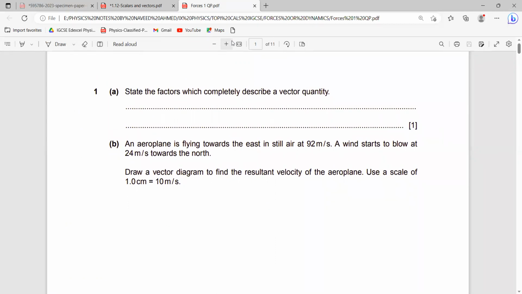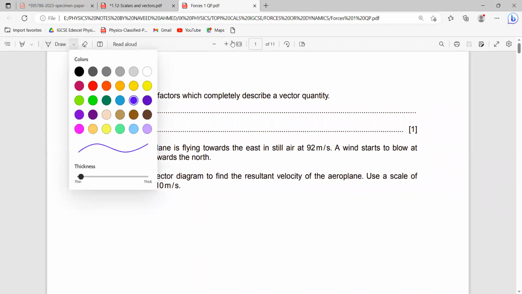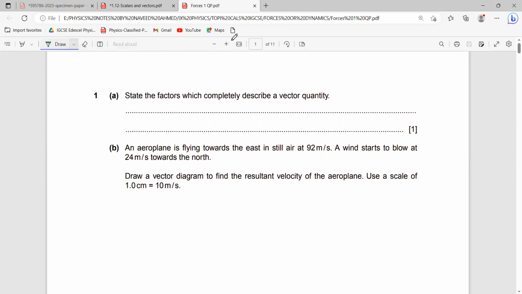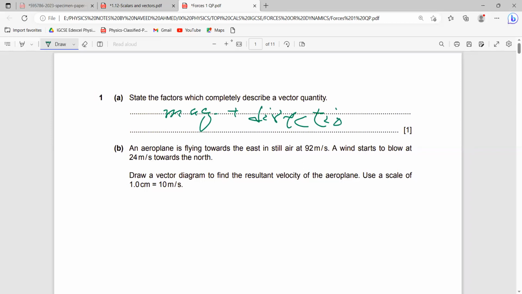You know, vector quantities have magnitude as well as direction. So these are the two properties of a vector.